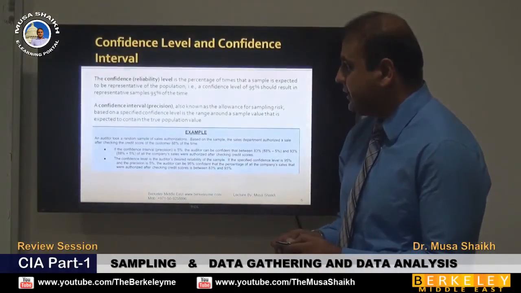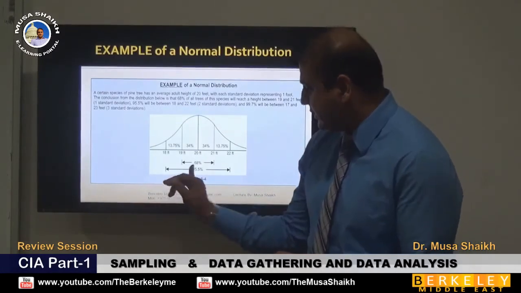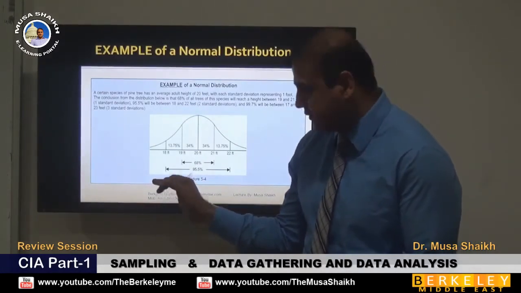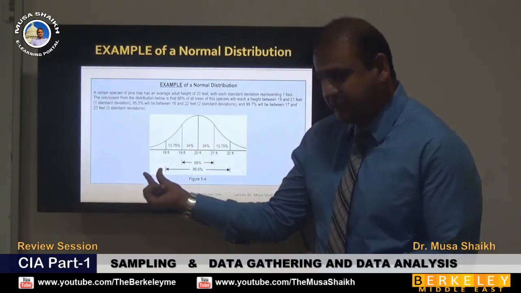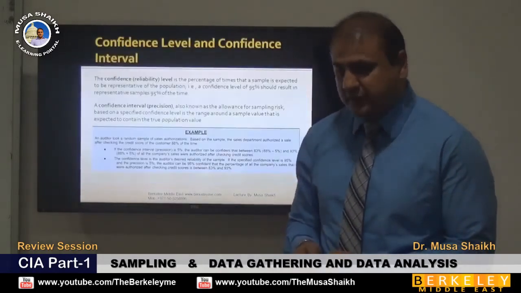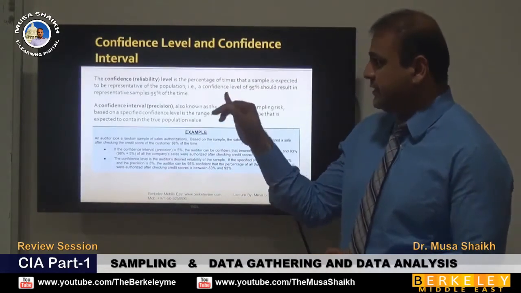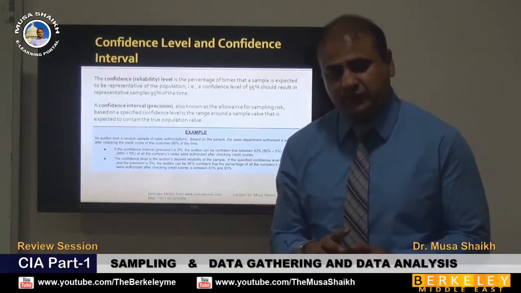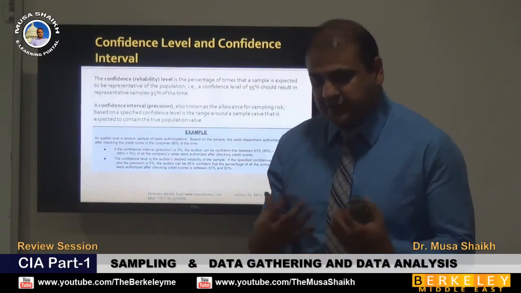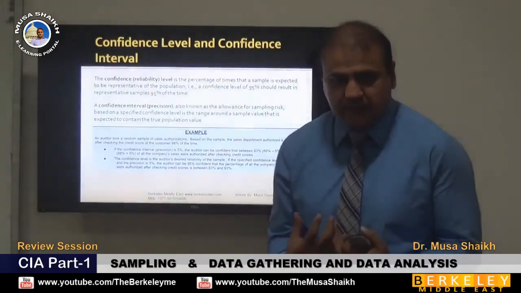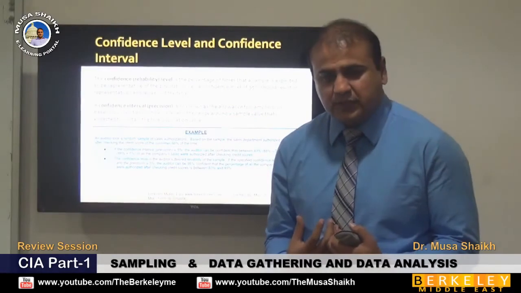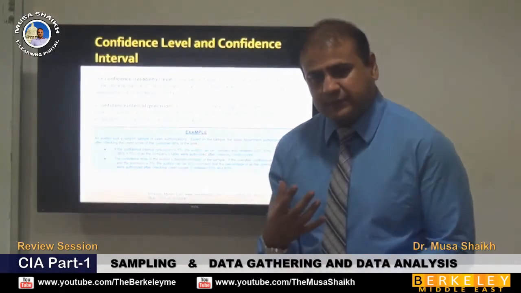What is confidence level? If you see here, this is 99.5%, so 5% here is the confidence level. Confidence level is the percentage of the time the sample is expected to be representative of the population. The higher the confidence level, the more we can trust the sample.